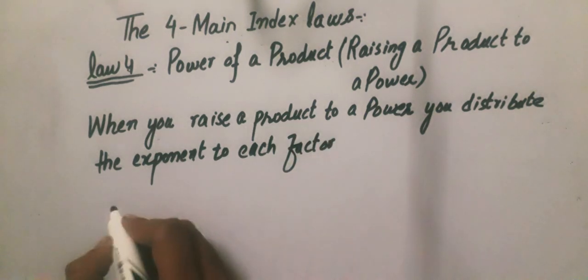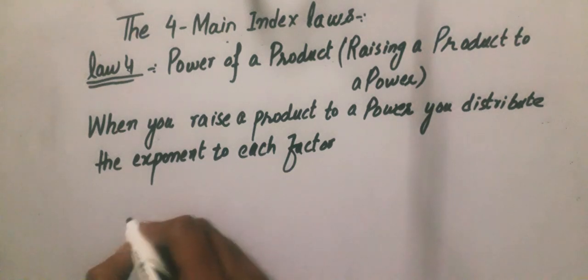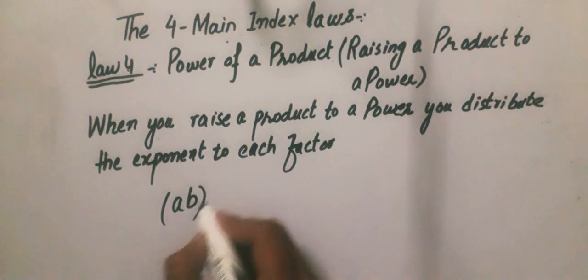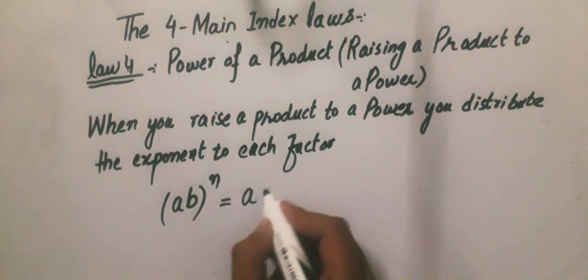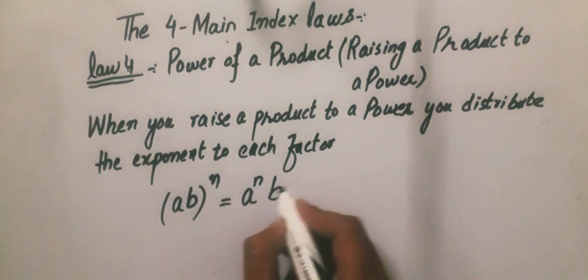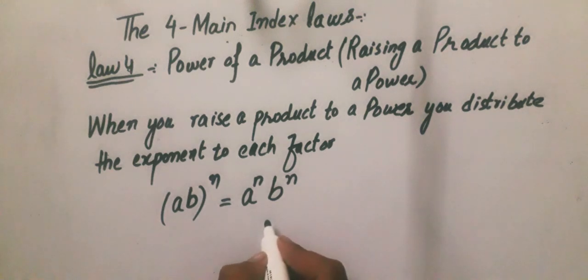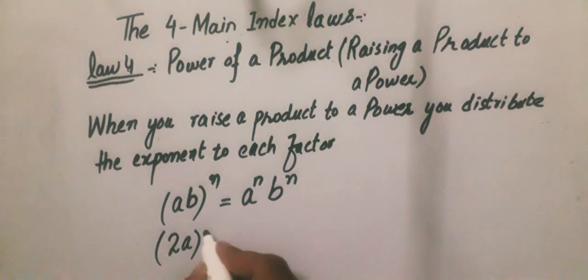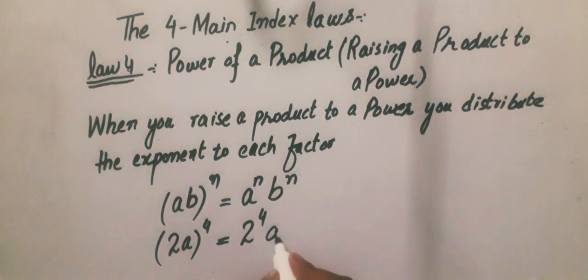So the general form of this law is ab power n, which is equal to a power n, b power n. Now we can apply this law to an example, that is 2a raised to power 4, which is equal to 2 raised to power 4 and a raised to power 4. This rule works when the base is a product of terms.